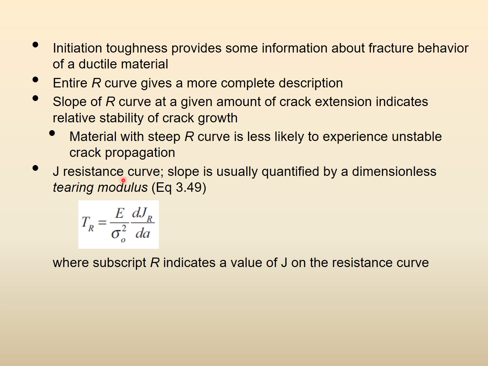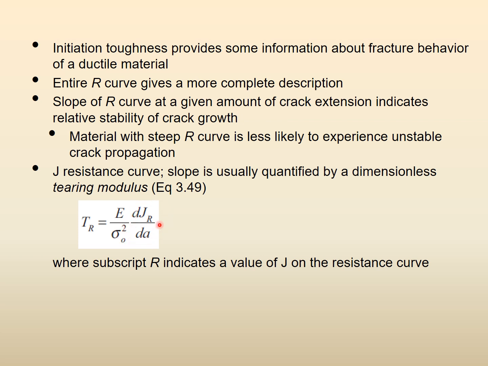In the J resistance curve, slope is usually quantified by a dimensionless tearing modulus. Rather than directly saying dJ/dA, they define a new modulus called the tearing modulus, T_R. It is E over sigma naught squared times dJ/dA.